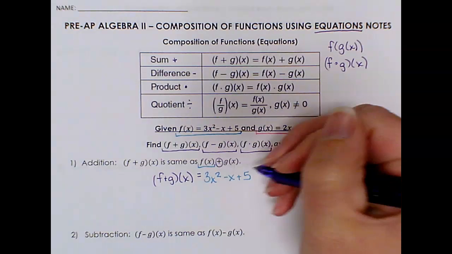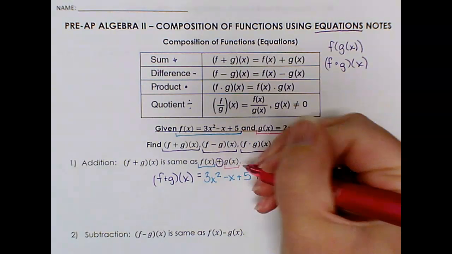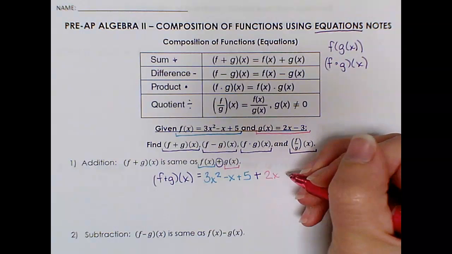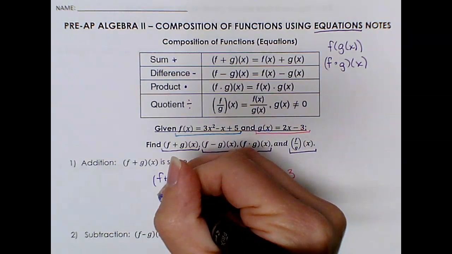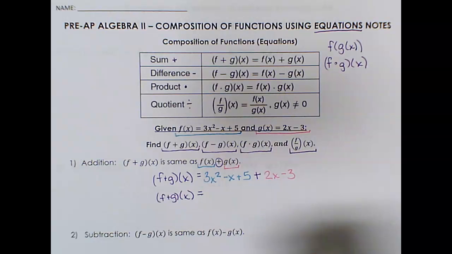And I'm adding to it g of x. And the g of x function is 2x minus 3. Now, I'm going to go through and combine my like terms so that I can simplify and get a nice polynomial for my answer.